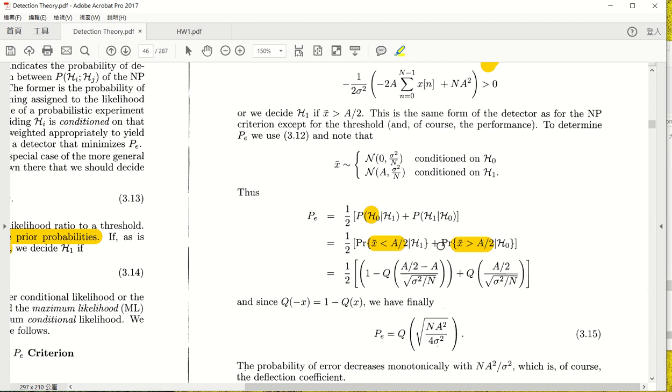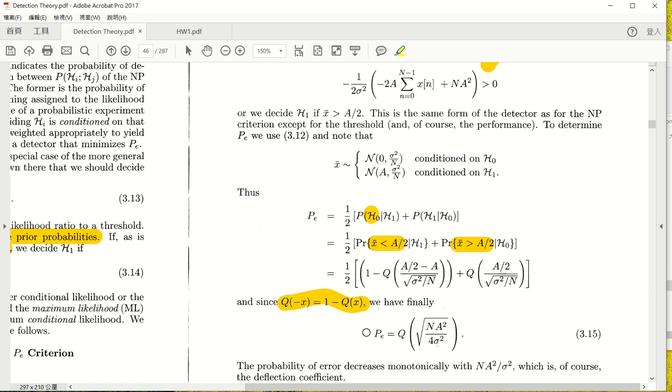So a lot of things are just in different notations, but in fact they mean the same thing. Mathematically, they are different ways of writing, but they mean the same thing. And then for this thing, it will be 1 minus the Q function. And of course, I want you to just recall the Q function. And for this thing, it will be just the Q function. And the Q function has some properties.